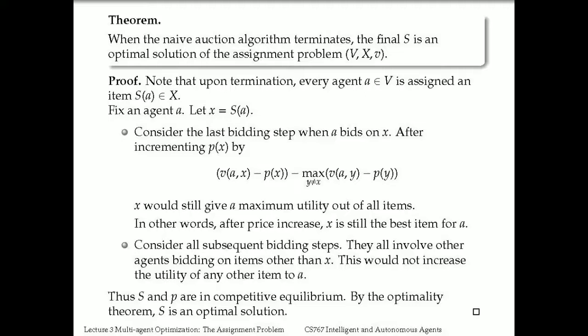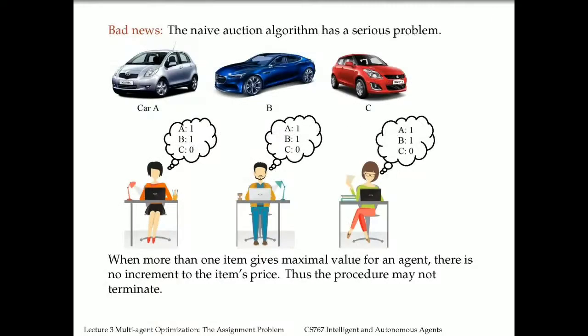It will never be higher than the utility that X gives to A. So when the auction ends, X is the best item for A. This holds for arbitrary agents, and therefore at the end, the solution S gives everybody their favorite item according to the current price. That means it is in competitive equilibrium, and therefore the solution S is an optimal solution. So that's very good.